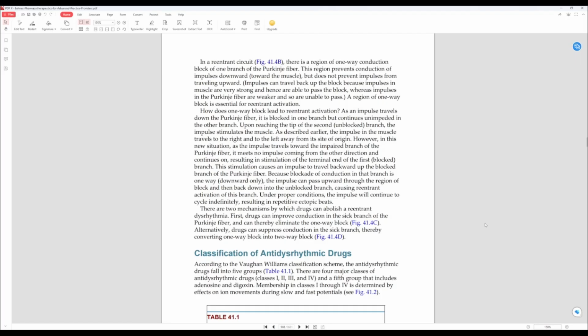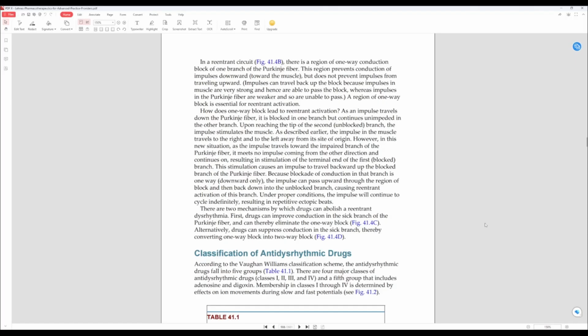As an impulse travels down the Purkinje fiber, it is blocked in one branch but continues unimpeded in the other branch. Upon reaching the tip of the second unblocked branch, the impulse stimulates the muscle. As described earlier, the impulse in the muscle travels to the right and to the left away from its site of origin.